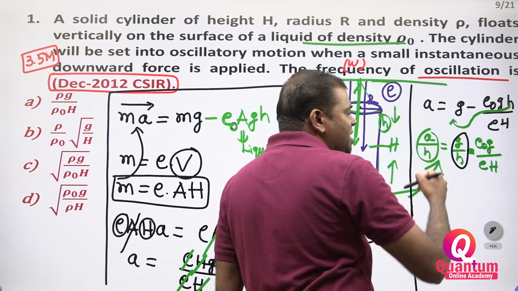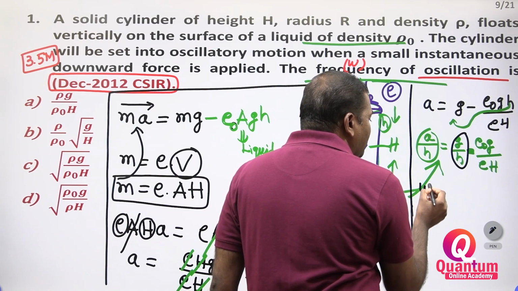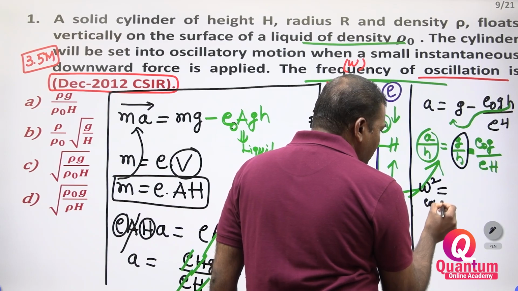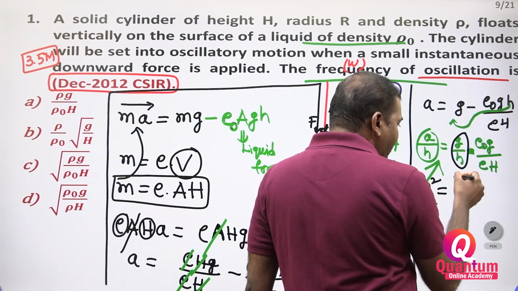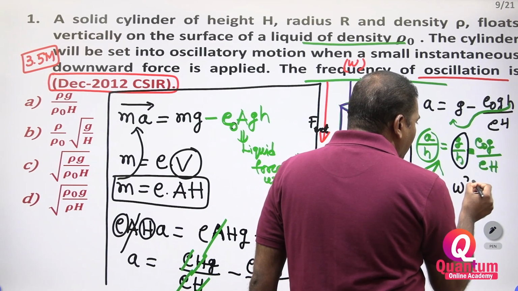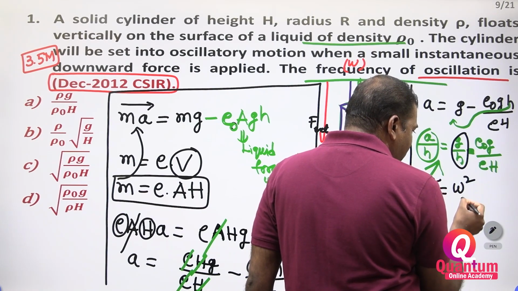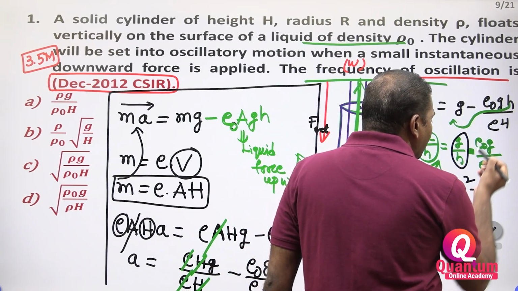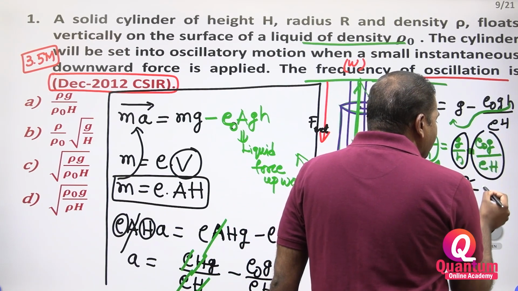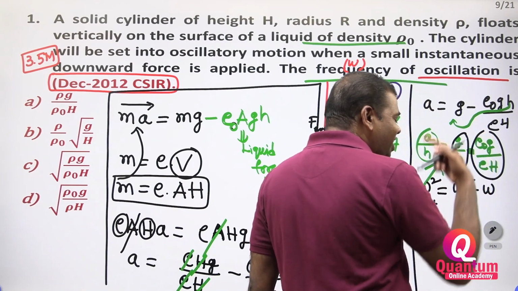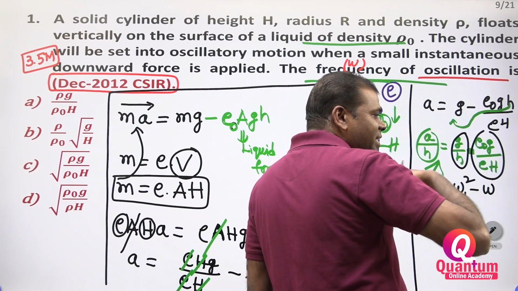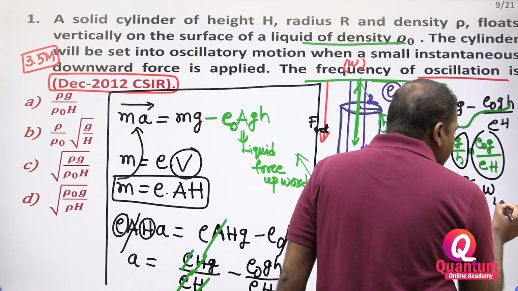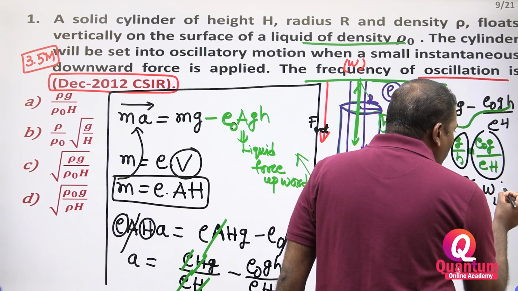Here gravitational acceleration by some height, omega square is equal to the external frequency, the downward side frequency square minus the liquid frequency square, whatever the liquid is oscillating.